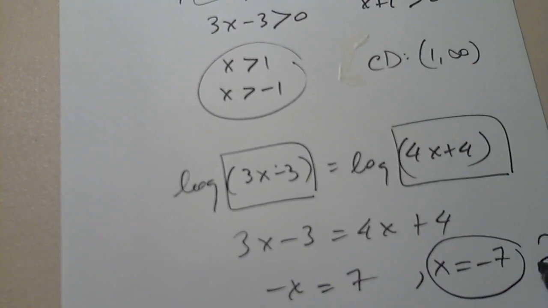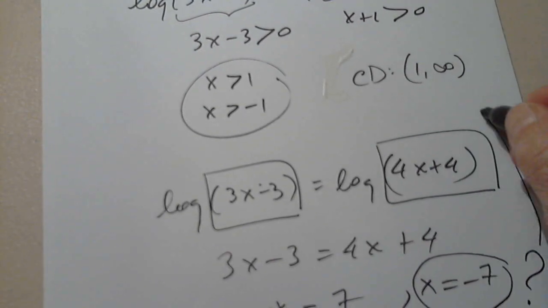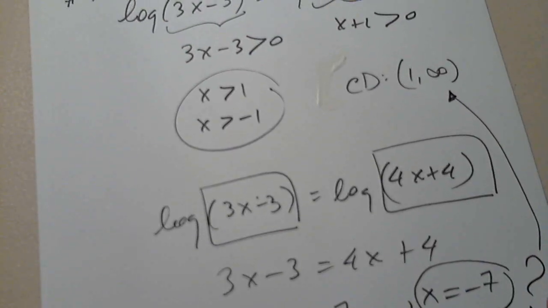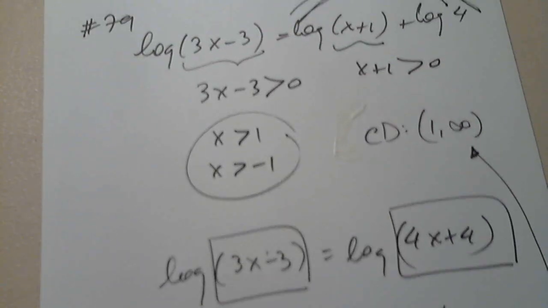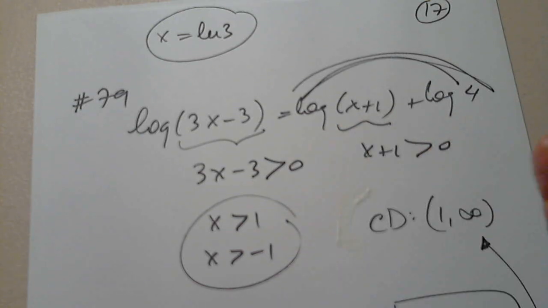Not so fast. No way. This equation has no solutions. I got a number that doesn't fit in the common domain. So negative 7 plus 1 is negative 6.